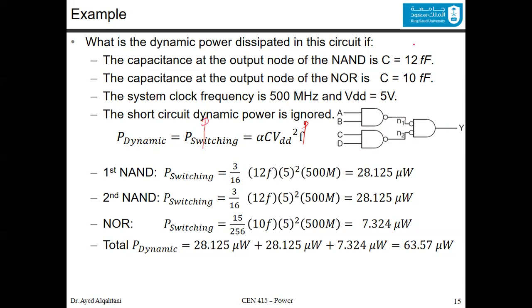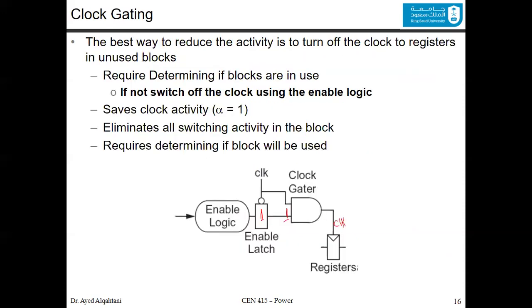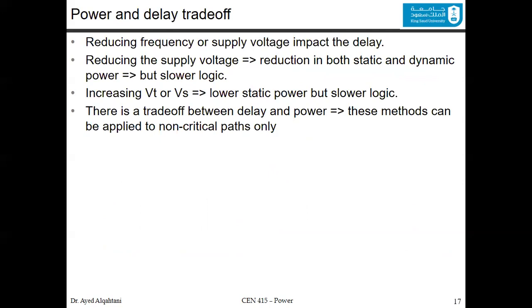You know that the frequency equals 1 over time, so it's the reciprocal of the time. If you want a faster logic, meaning a lower delay, you need to consume more power. That's basically the trade-off between the power and the delay.